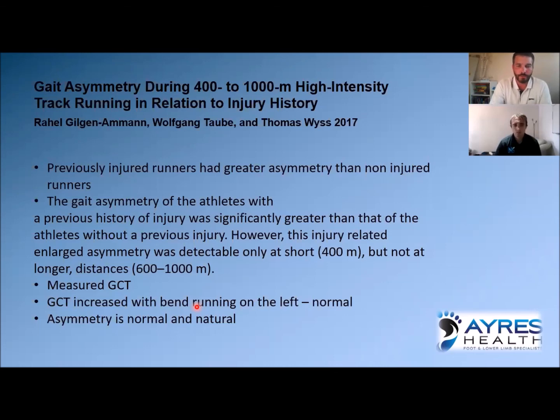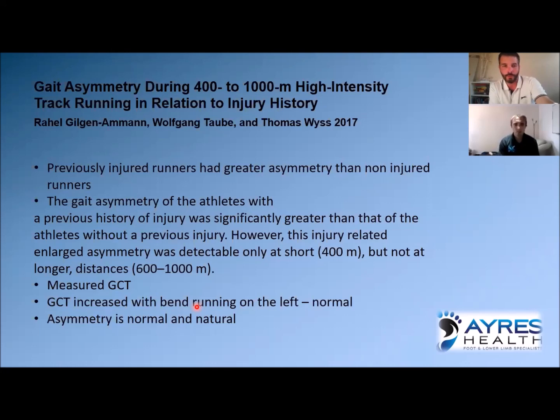They measured the ground contact time, so they weren't measuring arm swing or how the legs turn in or out. They were just measuring how long the foot was on the floor. Ground contact time increased with bend running on the left, which is normal. That's what we'd expect from somebody running round the bend: the left foot, the inside foot, would be on the ground for longer.